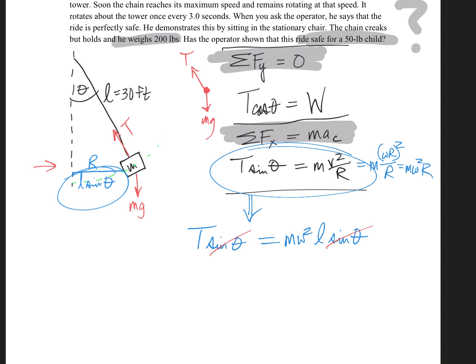Same on both sides. Up here, I can write, let's get to this. So T, the mass. How am I going to do this? Well, it's going to be the weight of something divided by gravity.